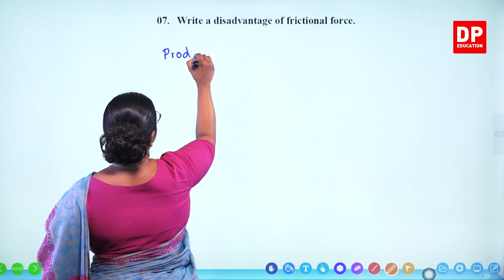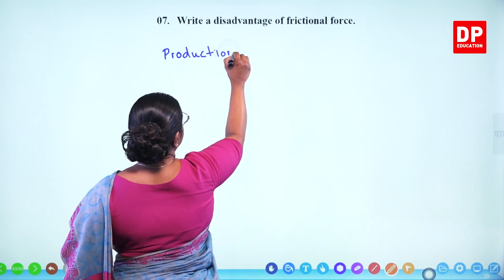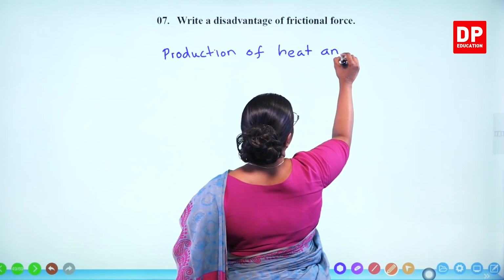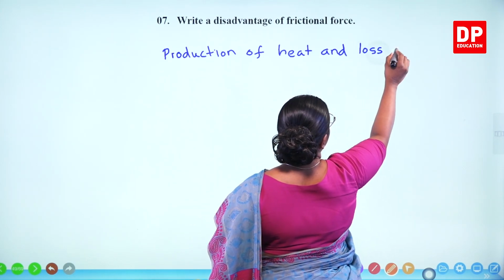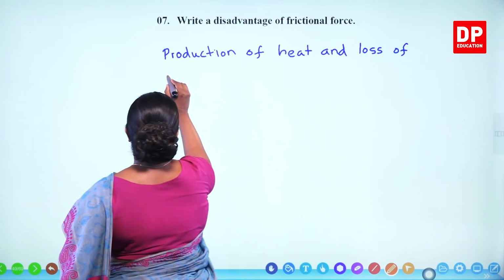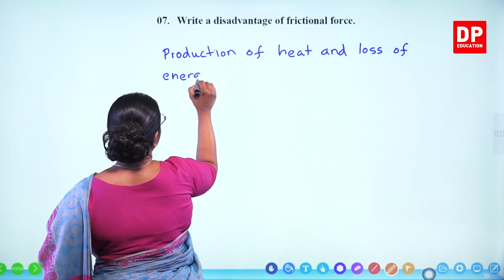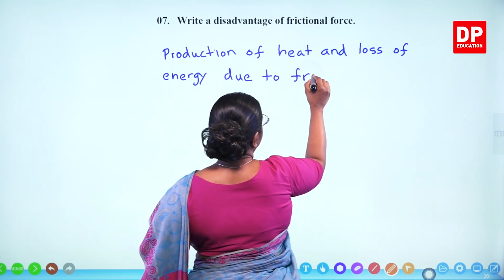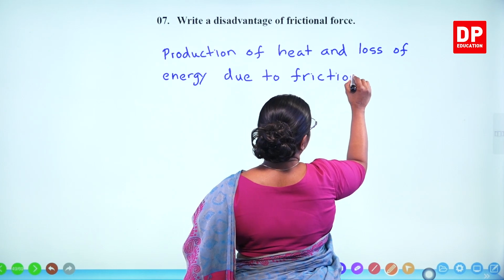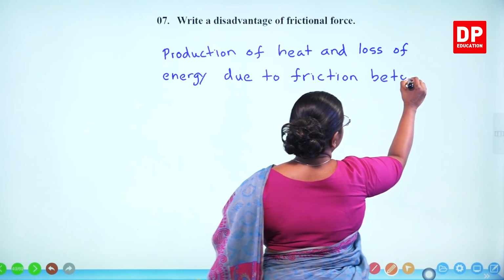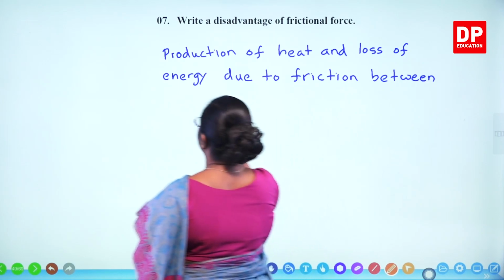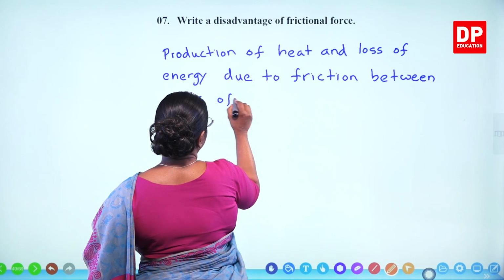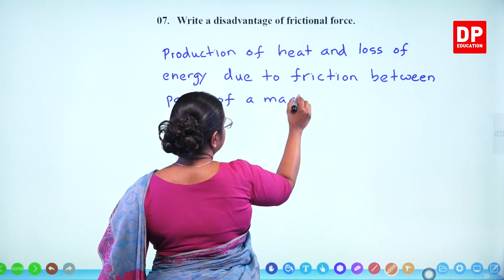Production of heat and loss of energy due to friction between parts of a machine.